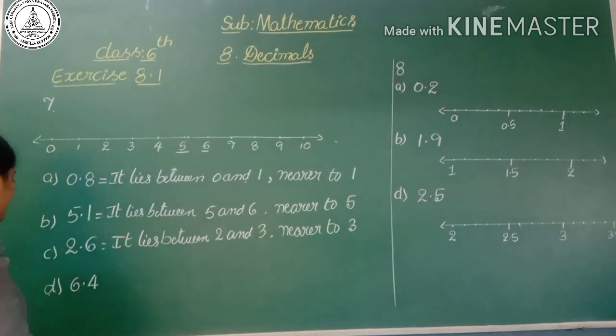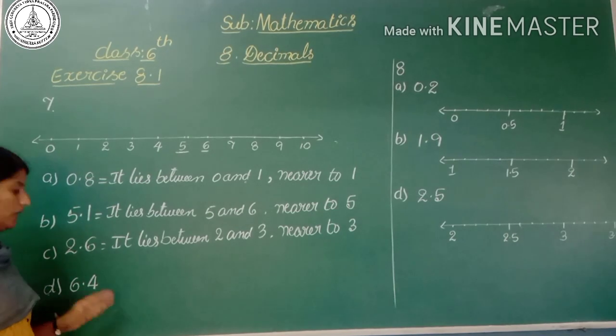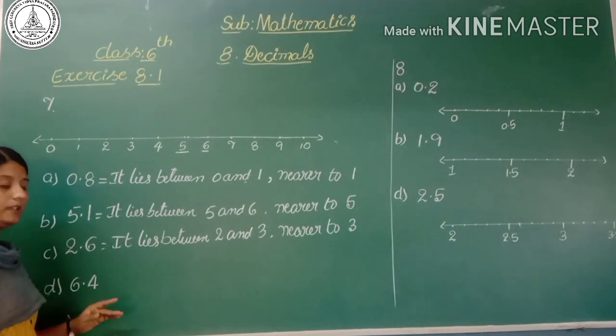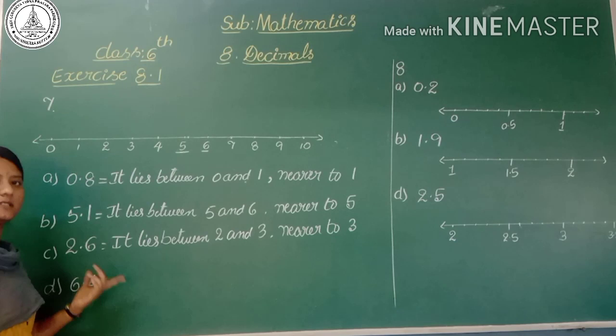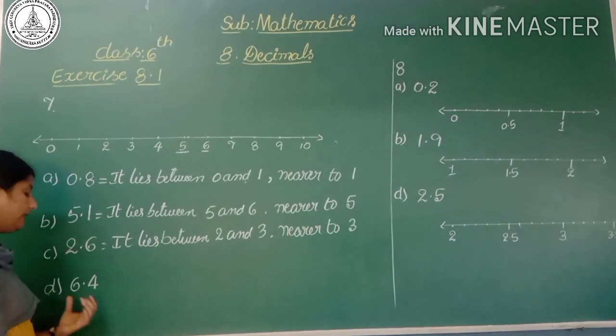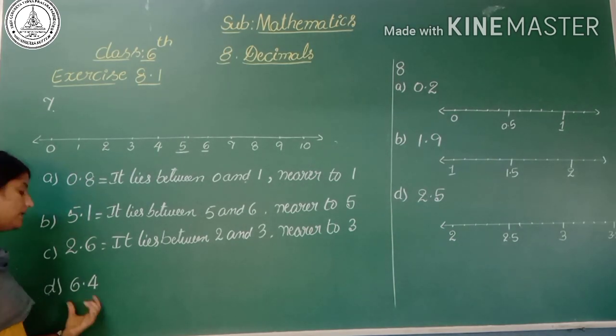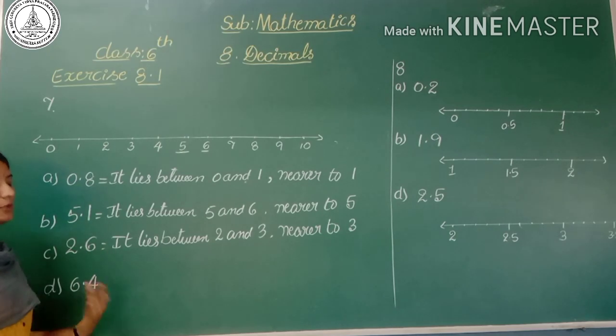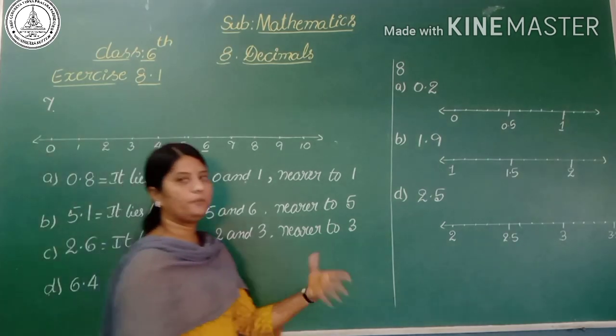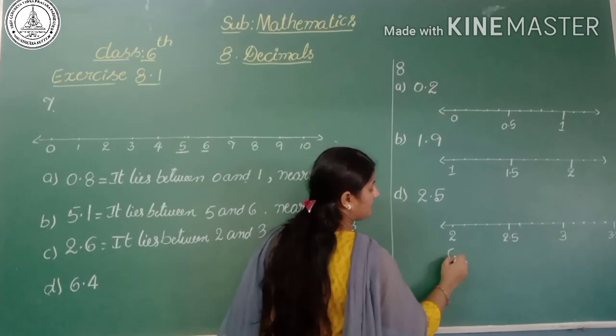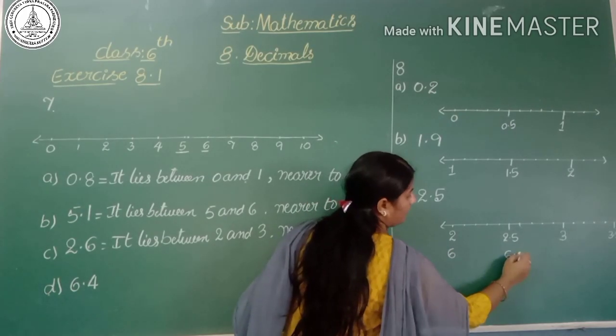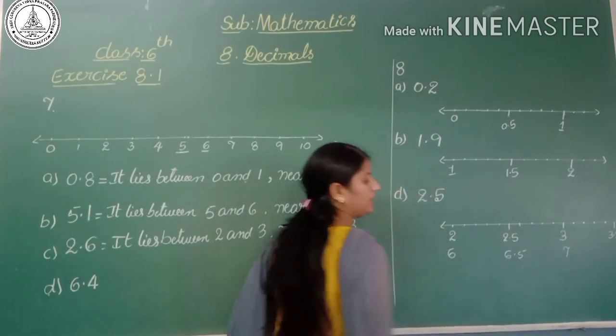Okay, that's 6.4. So 6.4 comes between 6 and 7 whole numbers. It lies between 6 and 7 and it is near to the 6. As you may see here, just consider this is 6, this is 6.5 and this is 7.